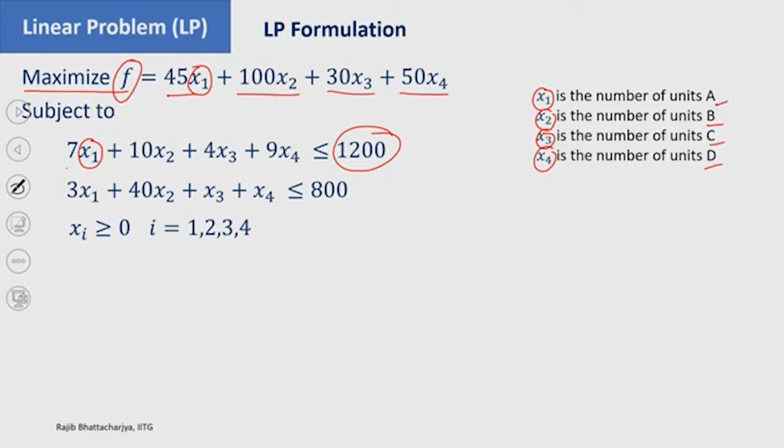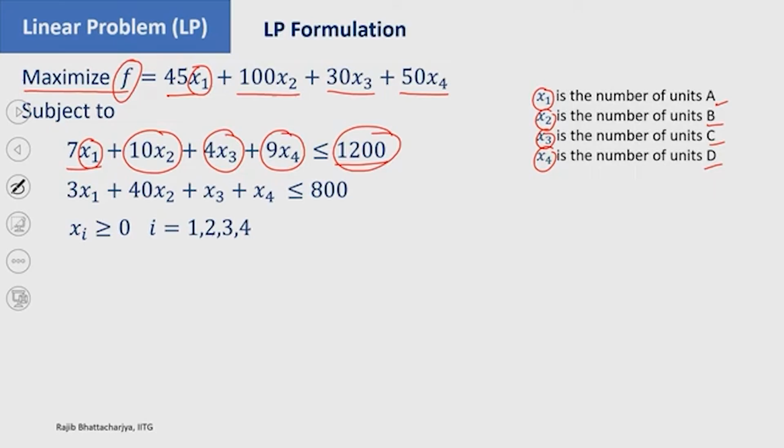So, therefore, 7 into x1 is the total time required in the lathe machine for producing x1 units of A. Similarly, the total time required for B in the lathe machine is 10 x2, then for C it is 4 x3 and for D that is 9 x4. Okay. And the summation of all these should be less than 1200.